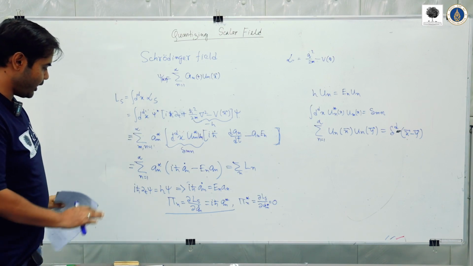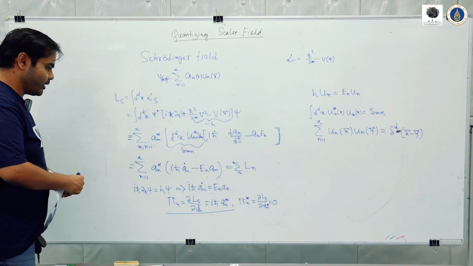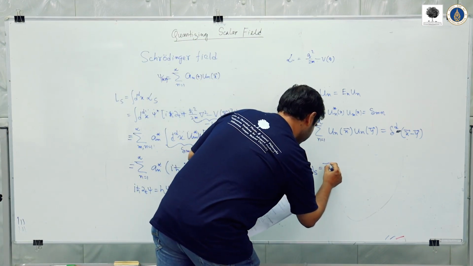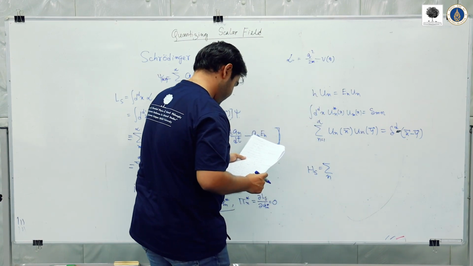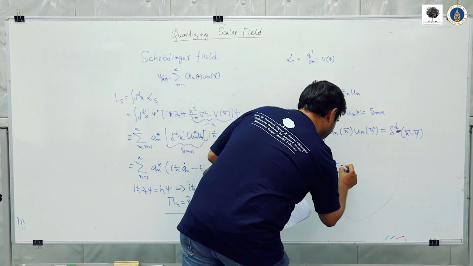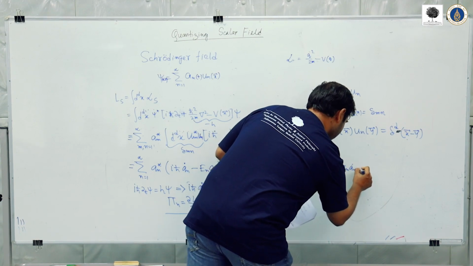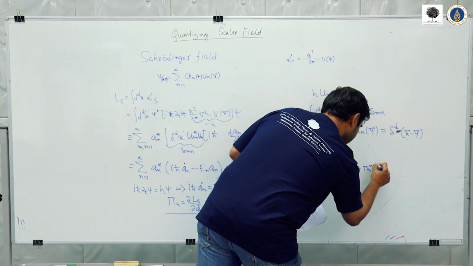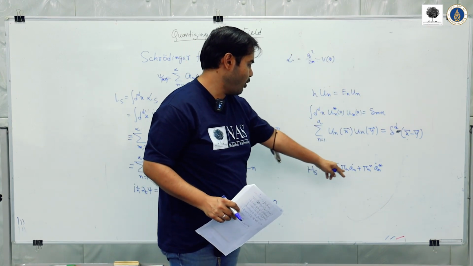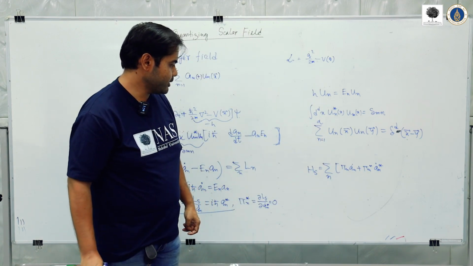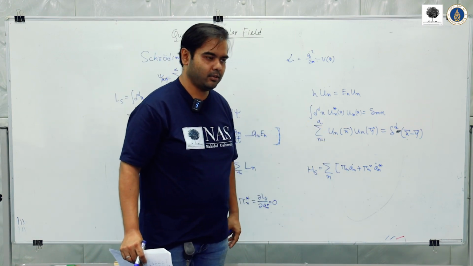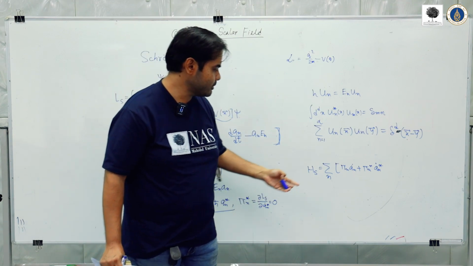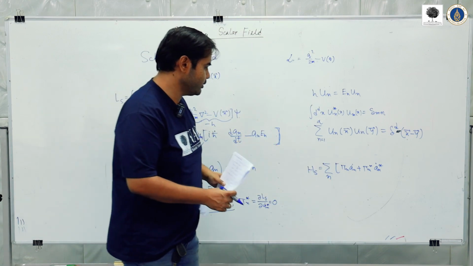So if you have the information of momentum and coordinate, you can write down the Hamiltonian of this system, and that will be H_s, which is equal to the summation over n of pi_n a_n dot plus pi_n star a_n star dot, minus L_s. Remember, you have to consider all the different variables, and because a_n and a_n star are complex conjugates of each other, they are linearly independent, and that's why you have to consider them separately when you do the Legendre transformation.